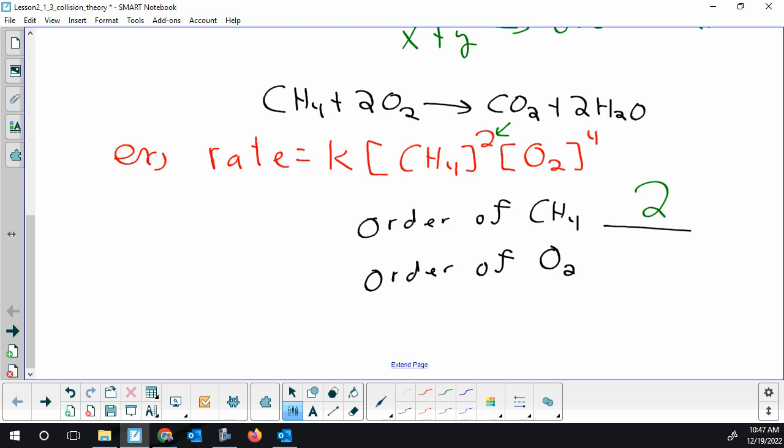The order of elemental oxygen is 4. And the overall order is the sum of the two, so that's going to be 6. Again, these are made up numbers. They are much larger than you would typically see.